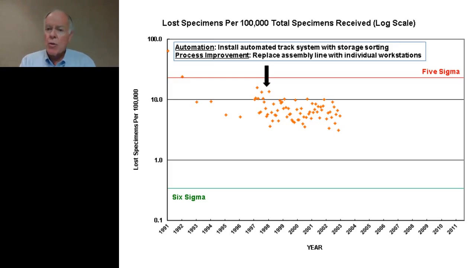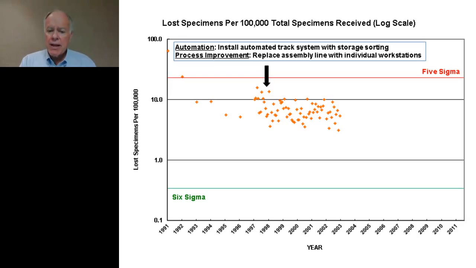individual workstations where each employee was responsible for the entire process of ordering the test or checking the order if it had been transmitted through an interface, and then labeling the specimen, verifying it, and so on.